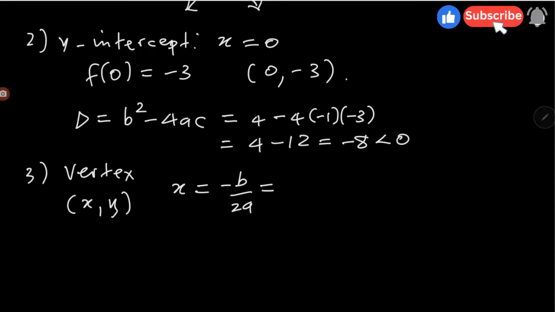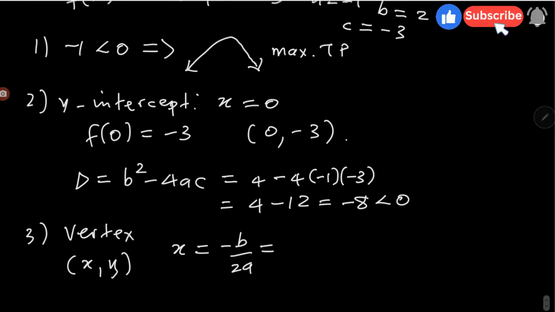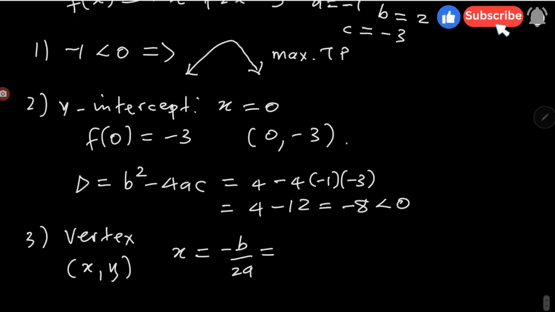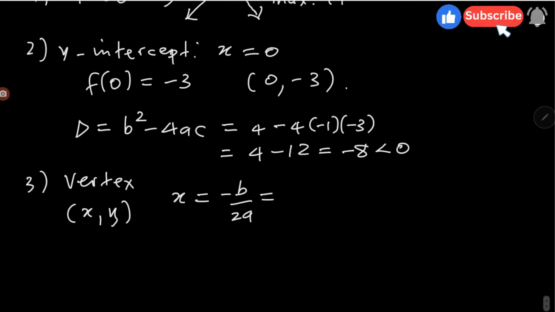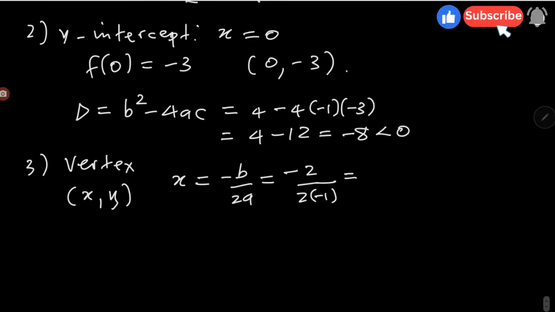So if we check our function, we have b as 2 and a as negative 1. So we have minus b is 2 over 2 times a, or a is negative 1. So this will be equal to negative 2 over negative 2, which is simply 1.